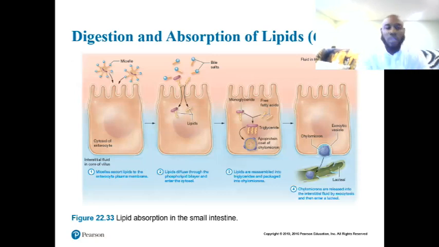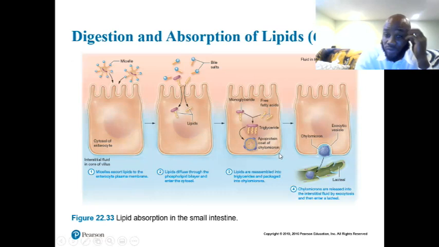Right, so the micelle, enterocyte, bile salts break down, lipids enter the enterocyte, and form back into triglycerides in the enterocyte with the coating of the chylomicron.